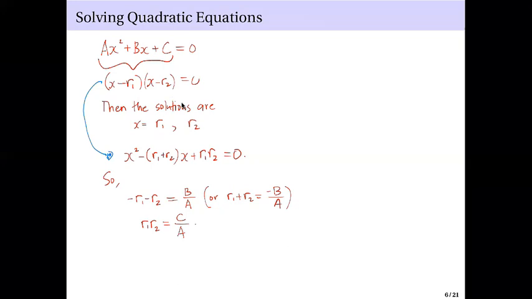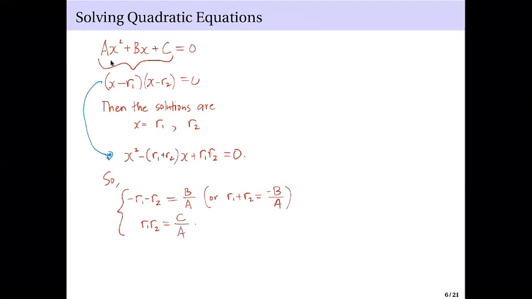In any case, you will have to find your suitable r1 and r2 satisfying these conditions. We will look into that later.